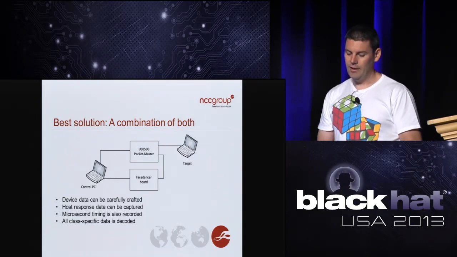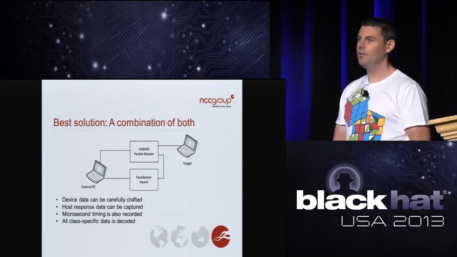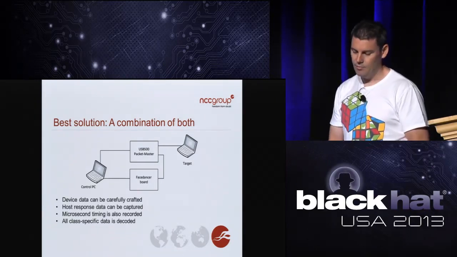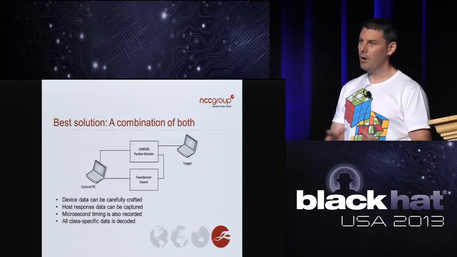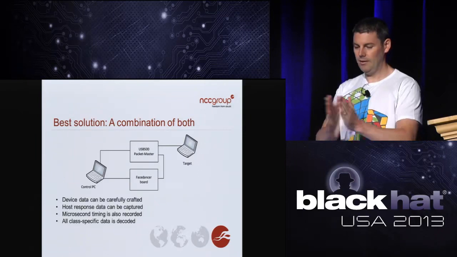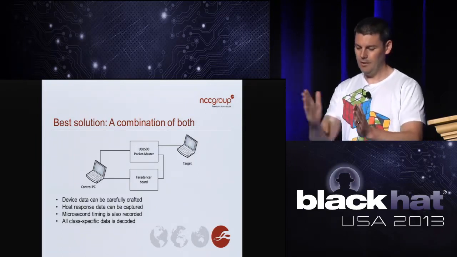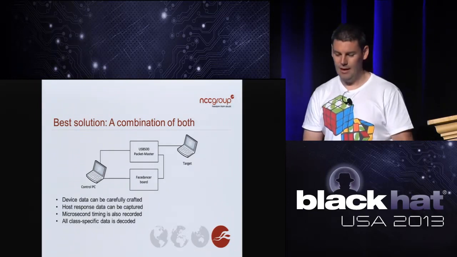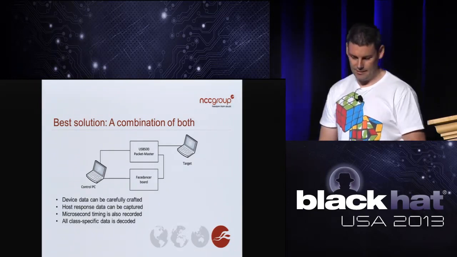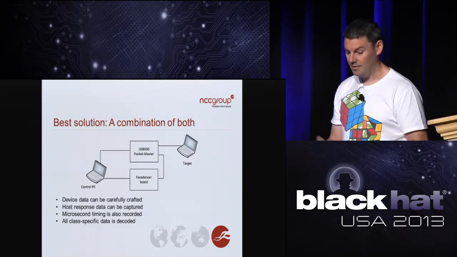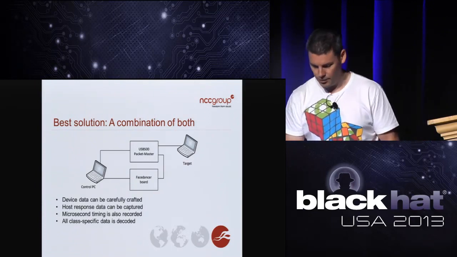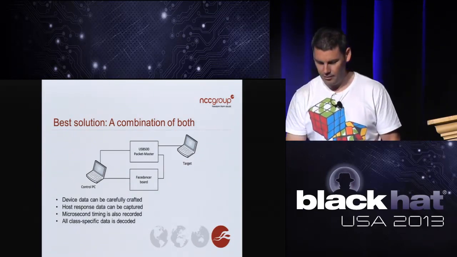Another thing that's quite interesting is that the Packet Master device records data down to the microsecond level. As well as seeing all the packet data, you see everything timed down to the microsecond, which is interesting in a specific case that I'll talk about later. And as I said, the class-specific data is decoded for you, so you don't need to constantly read the specs.